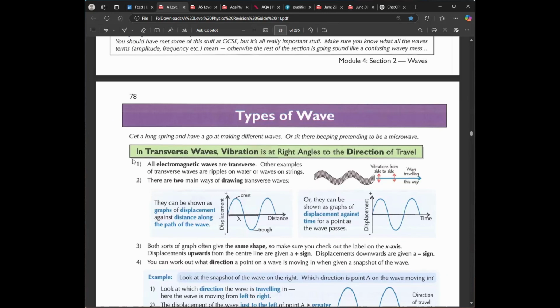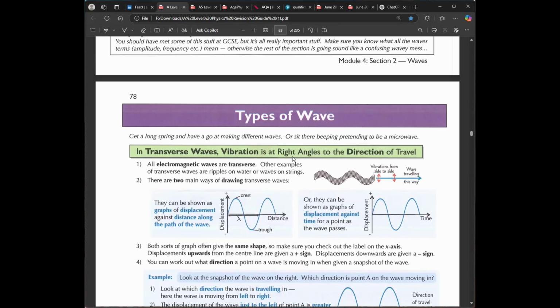So there are two types of waves: transverse wave and longitudinal wave. The difference is that in a transverse wave, the vibration or movement of the material is at right angle to the direction of travel, like in the case of a ripple tank, or a disturbance in water.